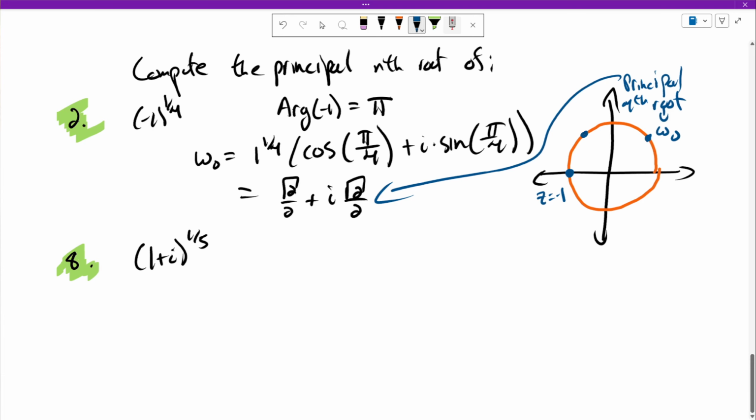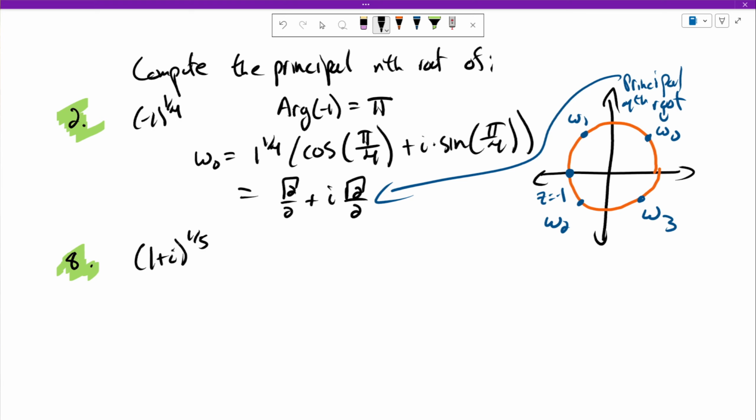So W1 is going to be here, W2 is going to be here, and then W3 is going to be here. So you start off with one of the roots, in this case the principal fourth root, and then you go around the circle marking points such that we get 4 equally spaced points.